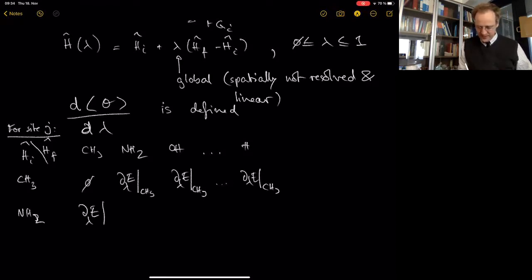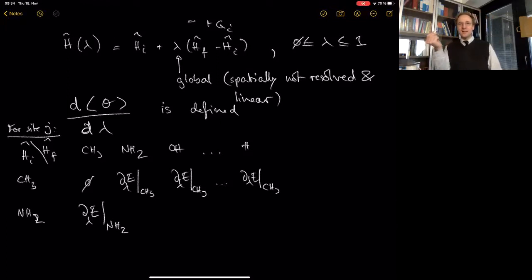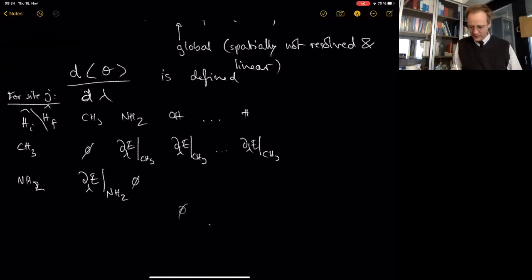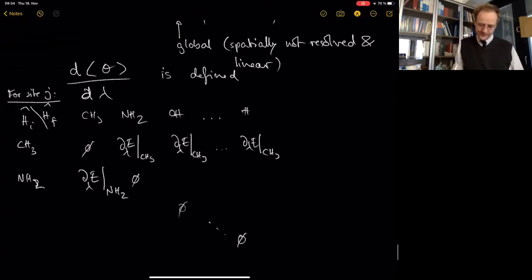Now, is this a symmetric matrix? No, not necessarily, right? Why should the derivative at ammonia be the same as the derivative at methyl? There's no reason for you to assume such a symmetry, right? But the diagonal terms, you would like them to be 0, of course.